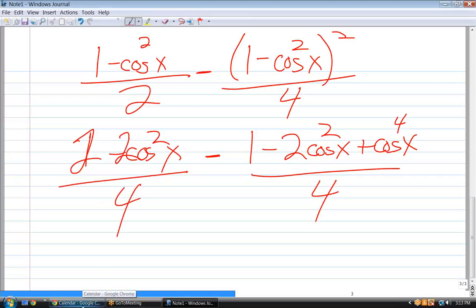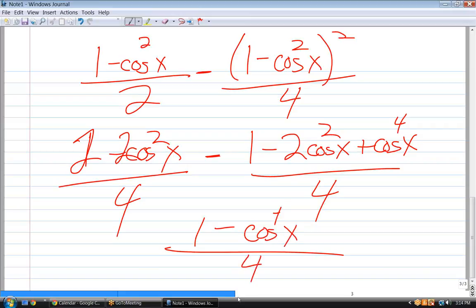You with me? Yeah. Okay, notice what I'm left with in my numerator. The 2 cosine squareds of x cancel out, and I am left with 1 minus cosine fourth of x over 4.